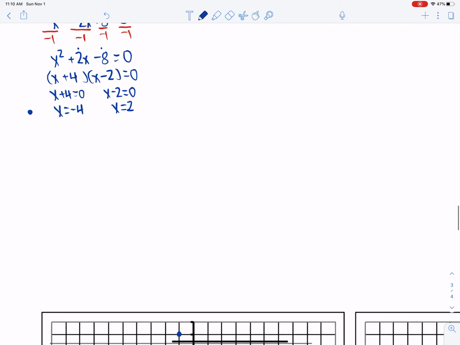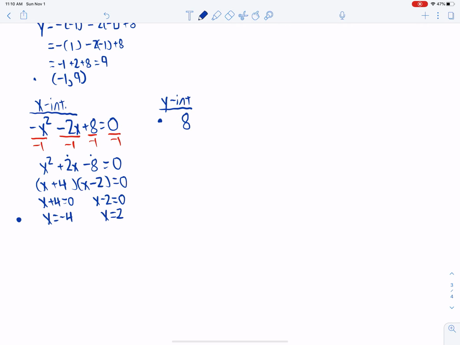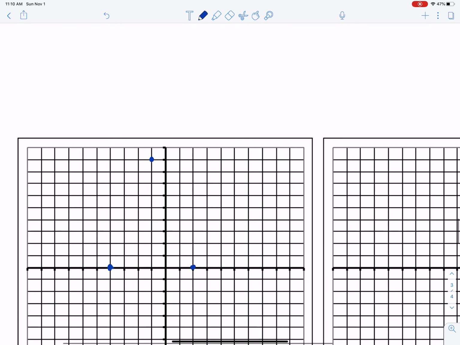We have a y-intercept of positive 8, which is right here. And if you want to, you can go ahead and add one more point to the graph. Because of symmetry, remember, on the left and right sides of the vertex, since we have our y-intercept there at 8, we can see there's going to be another point at 8 right there on the other side.